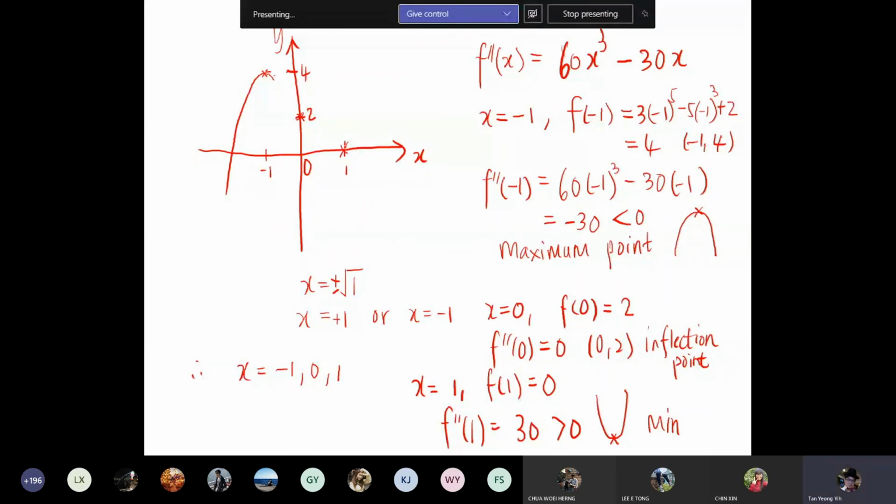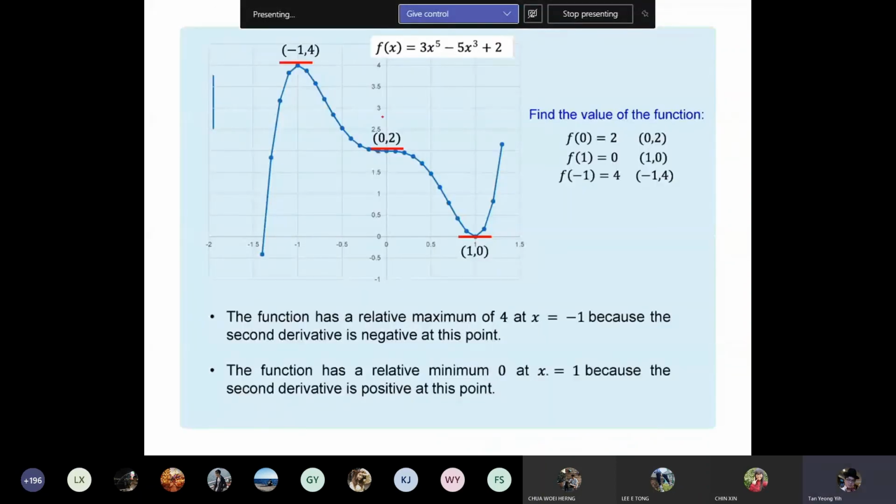We have something like this, up and go down again. Sorry that my drawing here is not very clear, the PowerPoint is not very sensitive. However, this is the graph that we can get. It will be something like this, go down again, go up.